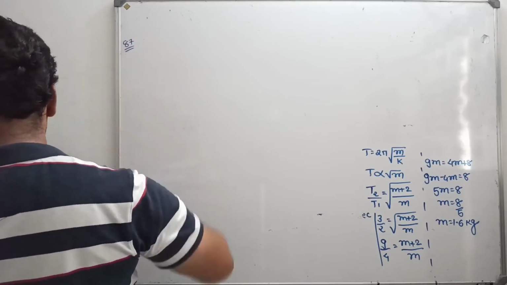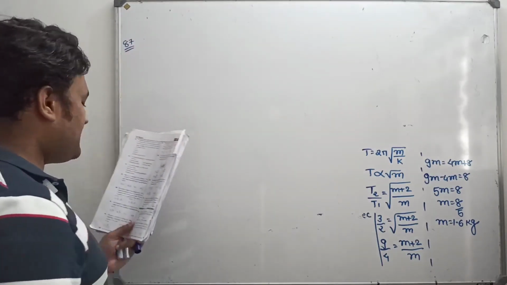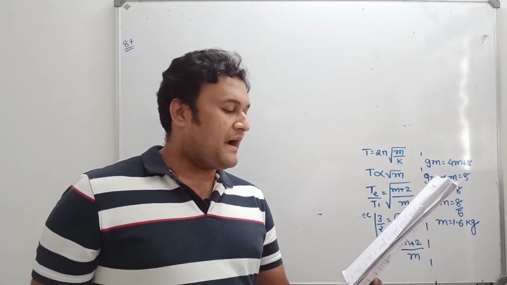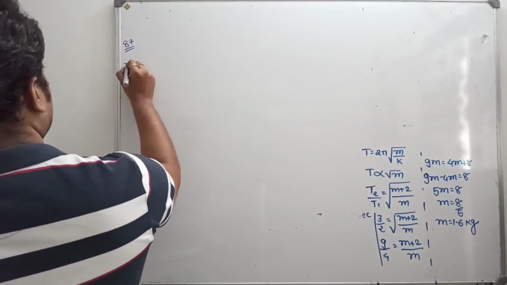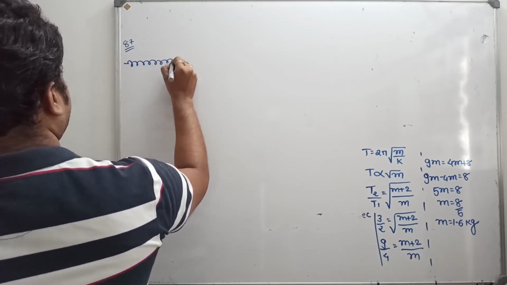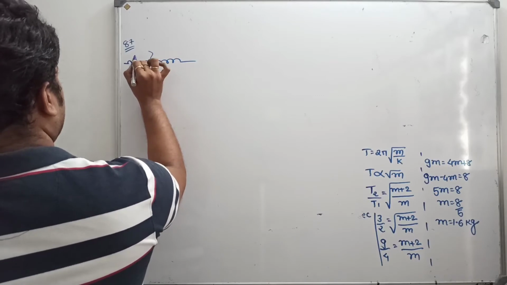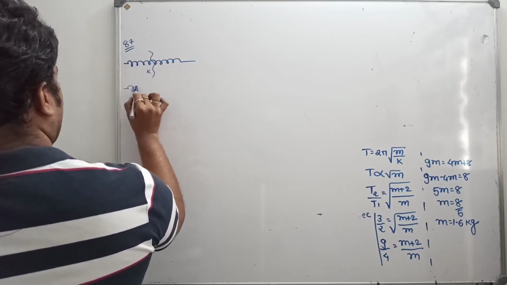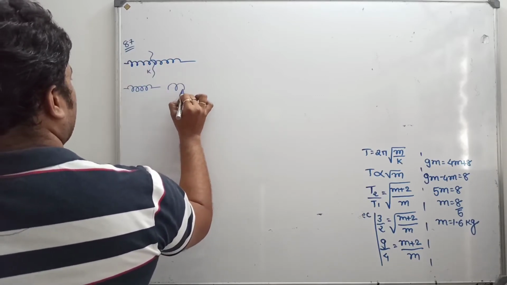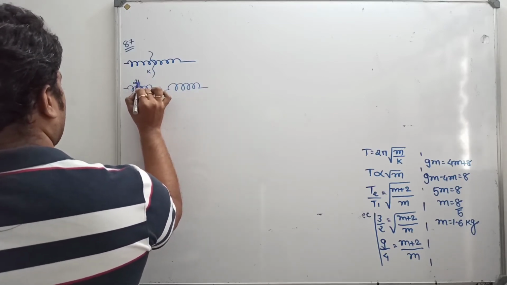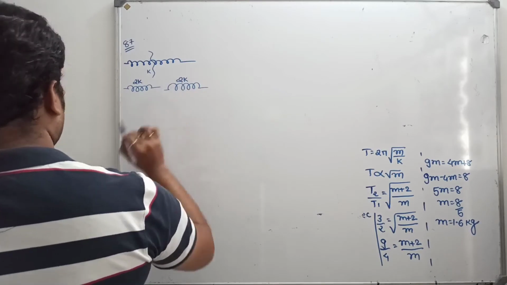What does Q87 say? The mass m is suspended from a spring of spring constant k. The spring is cut into two parts. Here the spring constant is k. If I cut it into two parts, at this time the spring constant becomes doubled: this is 2k and this is 2k.